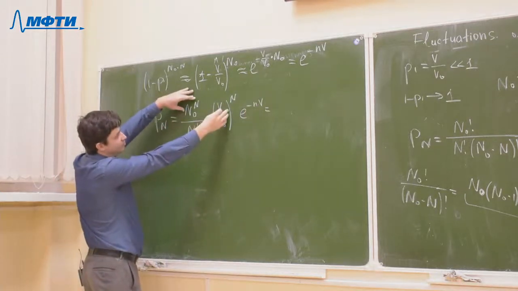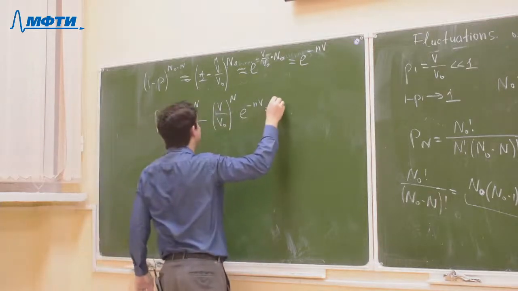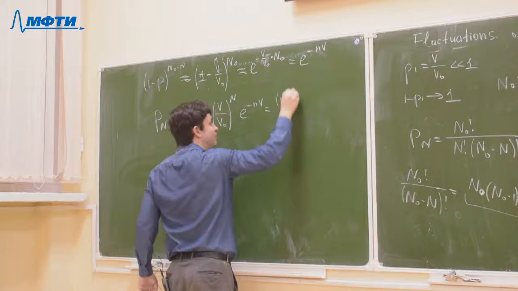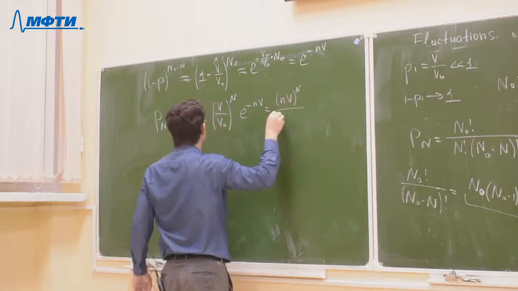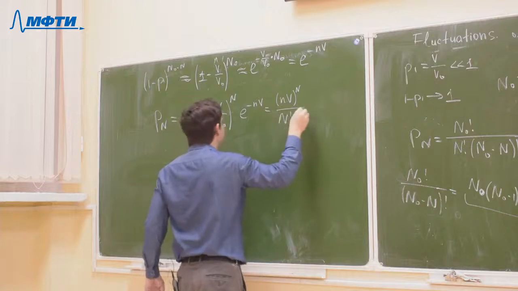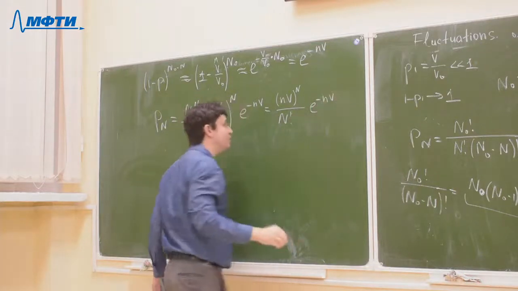Then we collect these two terms together and get (nv) to the power n over n factorial multiplied by e to the minus nv.